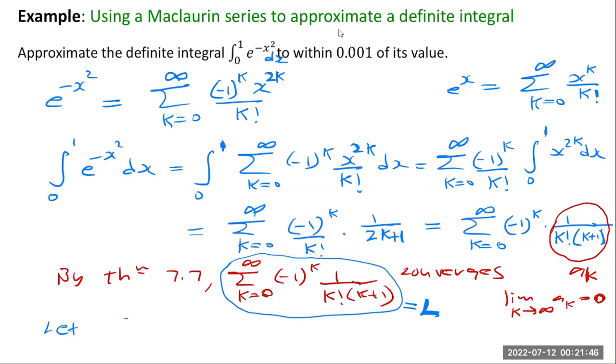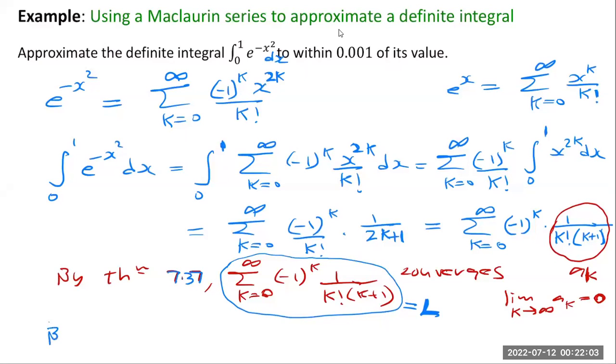Okay, then by theorem 7.37, pardon me, 7.37.